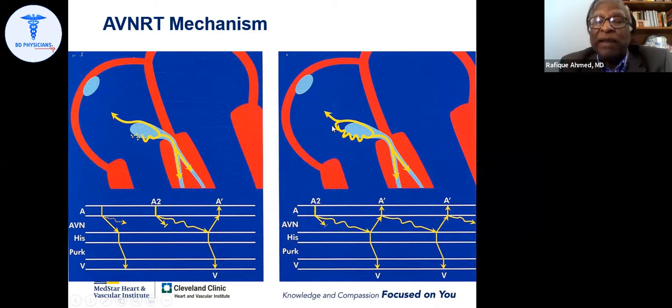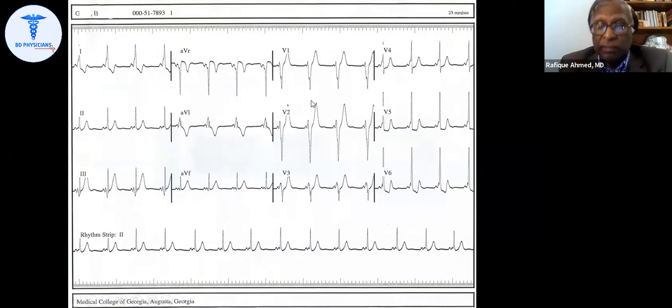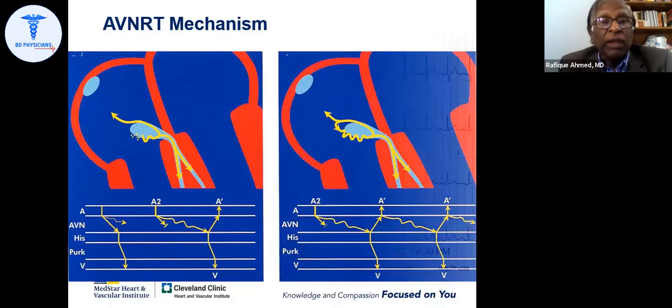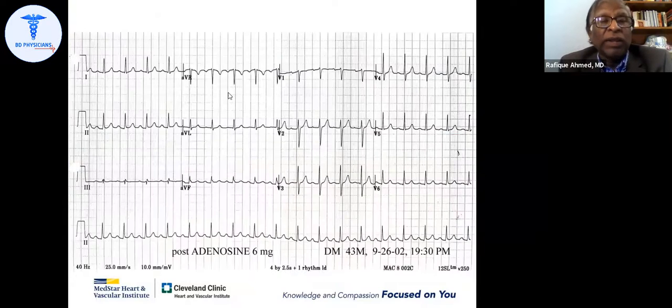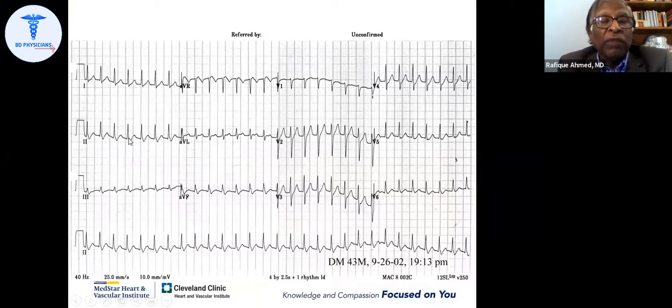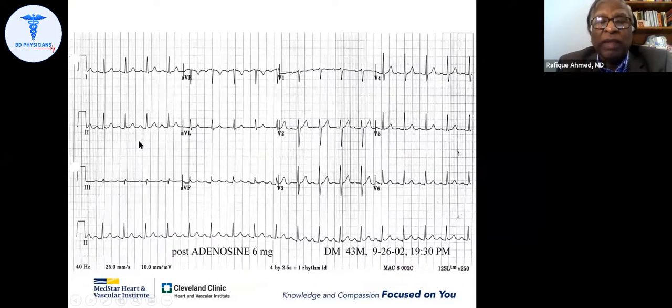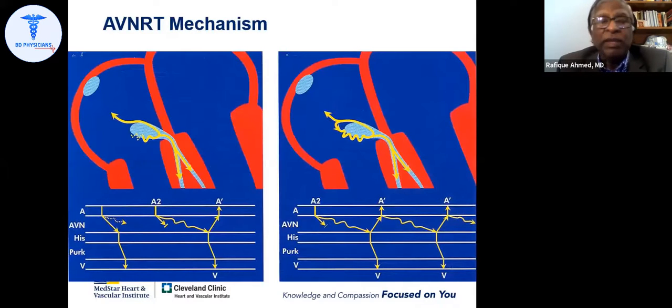If they come exactly at the same time, you may not see any P wave. If going backward takes a little longer, like this one did, you may see a P wave. If the QRS took longer, you may see a negative P wave just before, but within 80 milliseconds of the QRS complex. That's very typical of AV nodal reentrant tachycardia. Thank you.